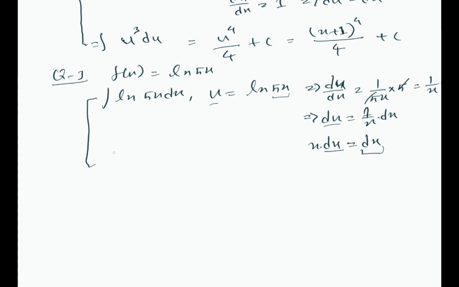If we want to substitute, ln of 5x would be u, and dx is x du, but here we are getting one extra variable. So you need to understand that we cannot use integration by substitution here to solve this kind of integration problem. So we need to go with integration by parts.